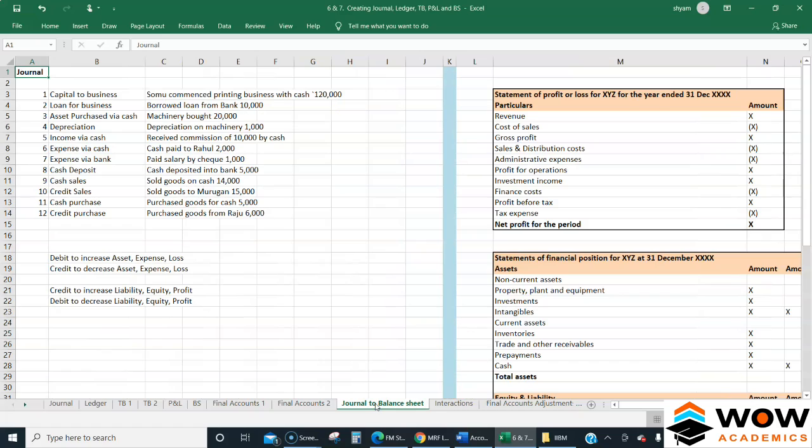Is it possible to directly move the numbers, not even from the journal, just from the transaction details, and create a balance sheet? That is what we are trying to do.